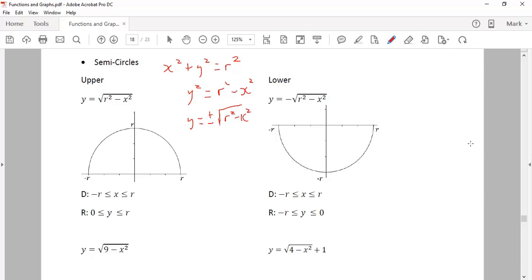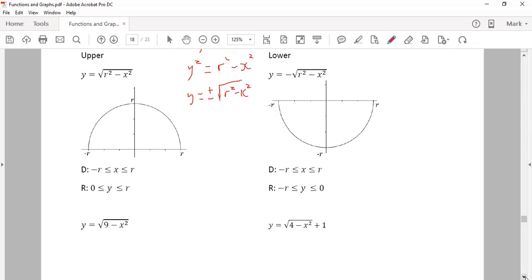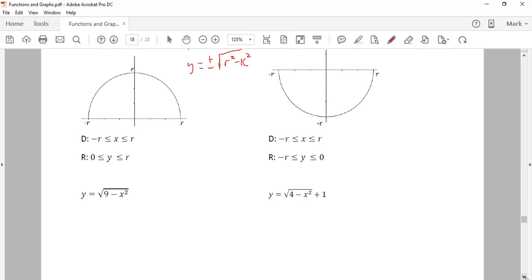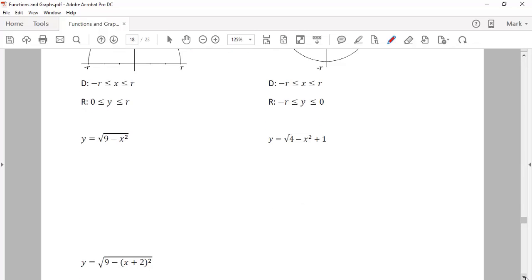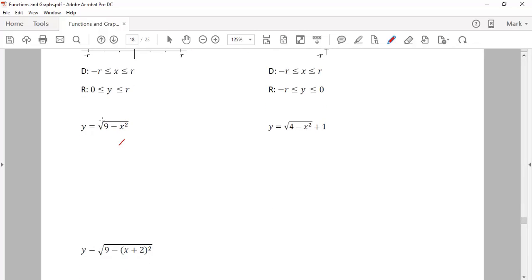So you can see it's very similar to a circle when finding domain and range. It usually helps to find the graph first. Alright, so let's graph a few. So this one, y equals square root of 9 minus x squared. So we know the radius is going to be square root of 9, so radius is 3.